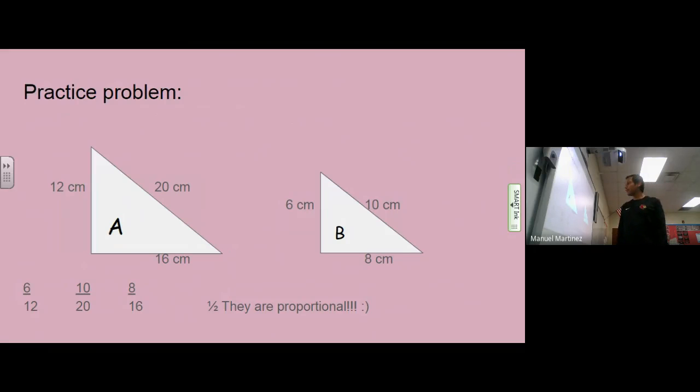While you sketch, I'm going to remind you that we need to compare corresponding sides, okay? Corresponding sides. I'll give you a minute to sketch.